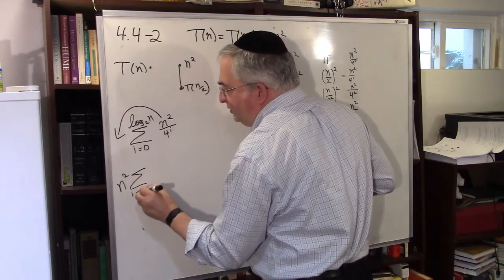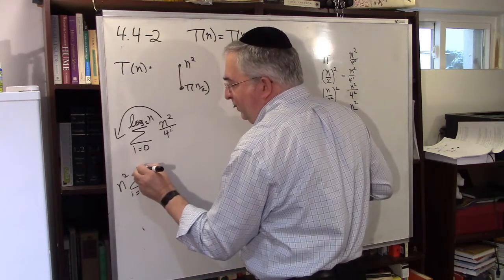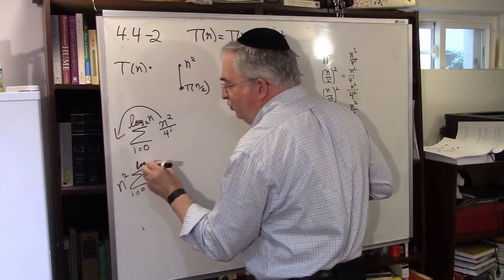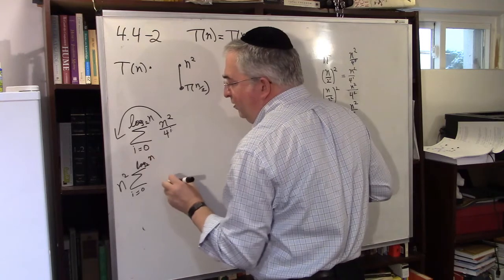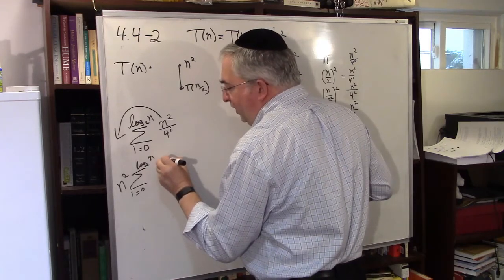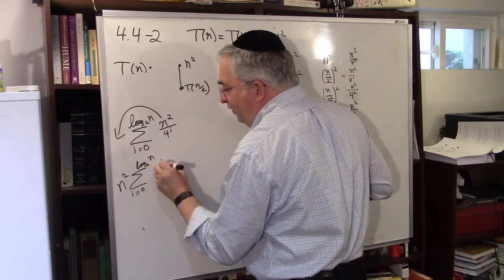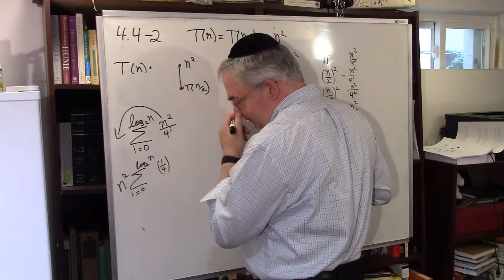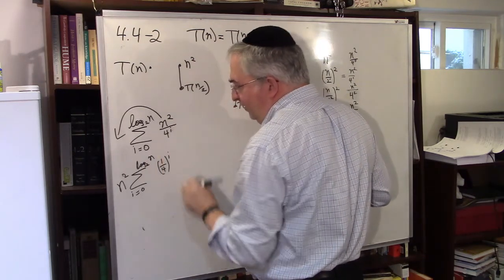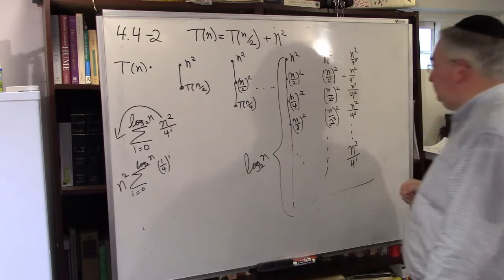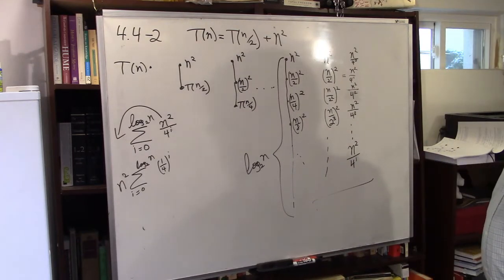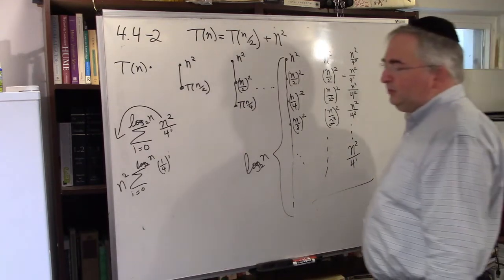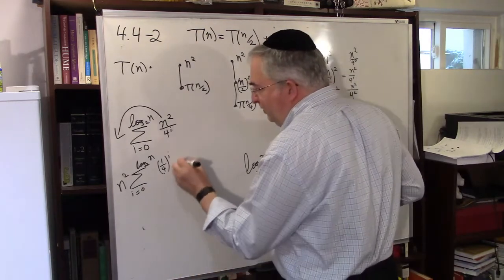So this becomes n squared times the sum from i equals 0 to log base 2 of n of 1 over 4 to the ith power. This is a perfect geometric series.